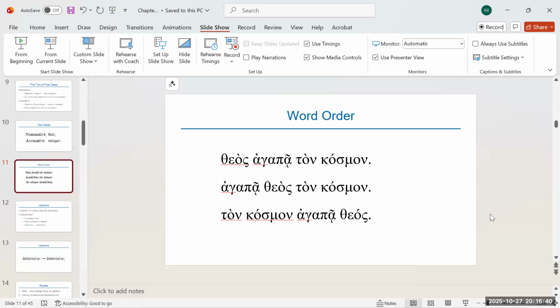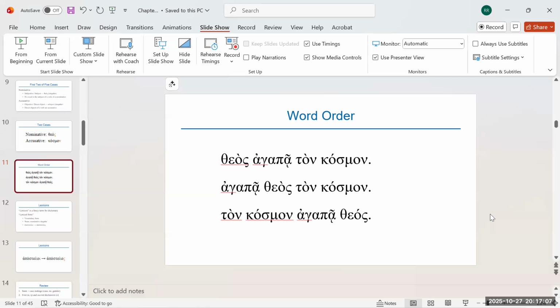We're not trying to translate these sentences, but you need to know that when I give you sentences to translate, you're not going to start with the first word in the sentence. You're going to look for the nominative, the subject, and you're going to write the word theos. If you're doing this on a sheet of paper, you'll write theos, and then write masculine singular nominative, God.